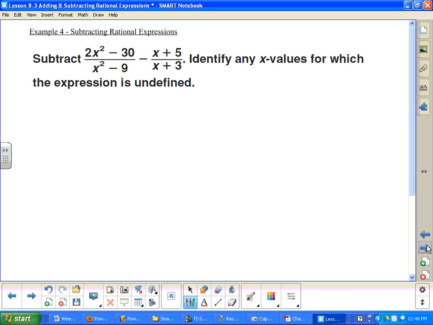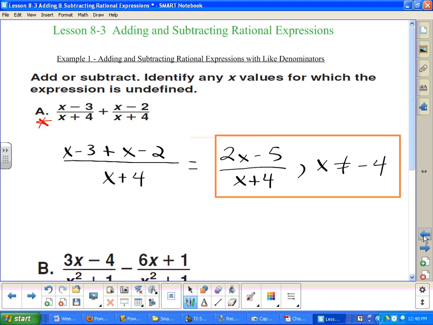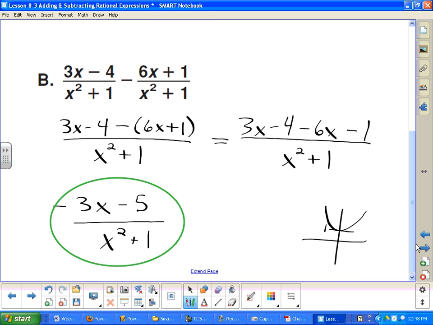So 2x squared minus 30 over the quantity x squared minus 9 minus x plus 5 over the quantity x plus 3. Now when I said where the denominators are alike, when I'm subtracting, you have a choice.